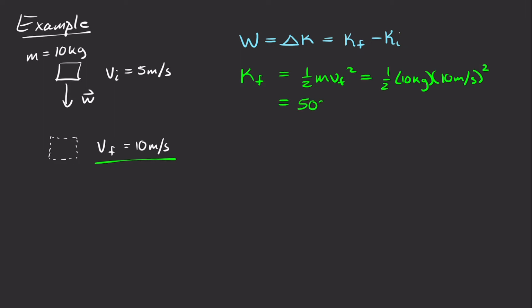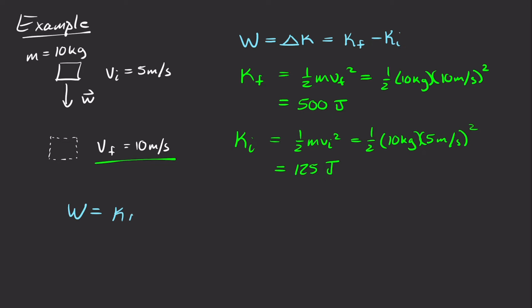This gives you 500 joules. The initial kinetic energy is 1/2 mvi squared, or 1/2 times 10 kilograms times 5 meters per second squared, or 125 joules. So the work is Kf minus Ki, or 500 joules minus 125 joules, or 375 joules.